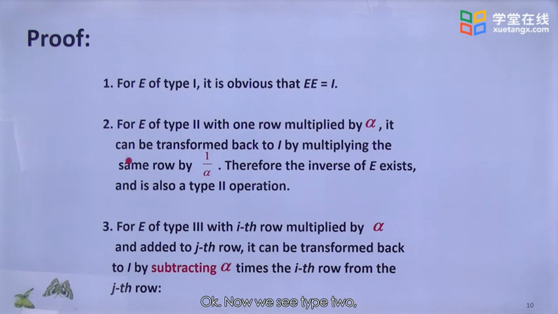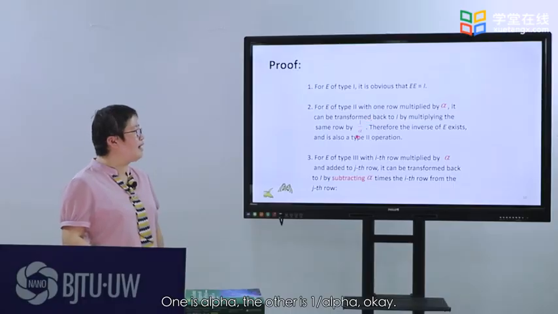Now we see type 2. For E of type 2 with one row multiplied by alpha, it can be transformed back to the identity matrix by multiplying the same row by 1 over alpha. Therefore, the inverse of E exists and is also a type 2 operation, just using different multipliers: one is alpha, the other is 1 over alpha.